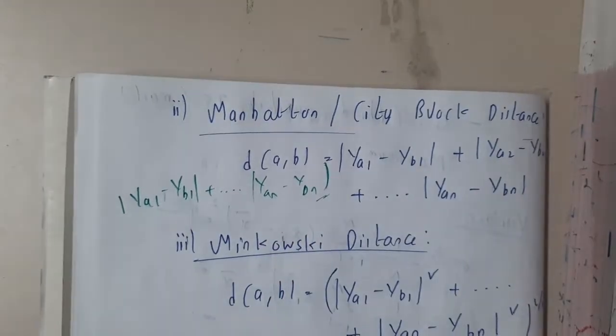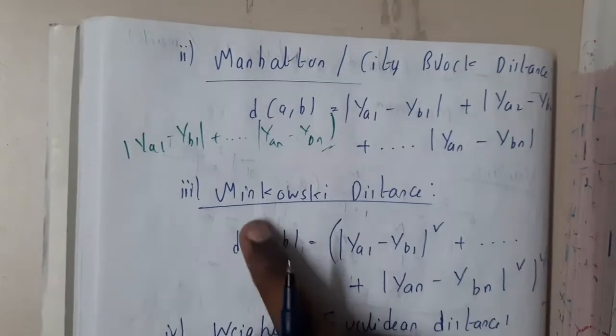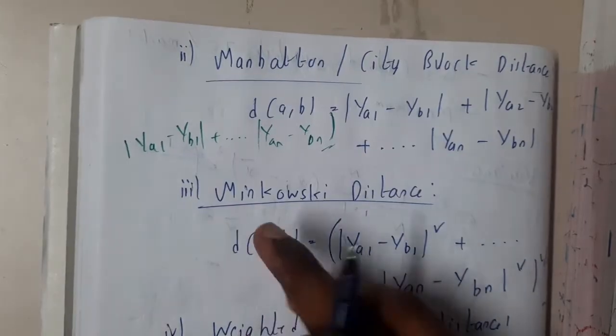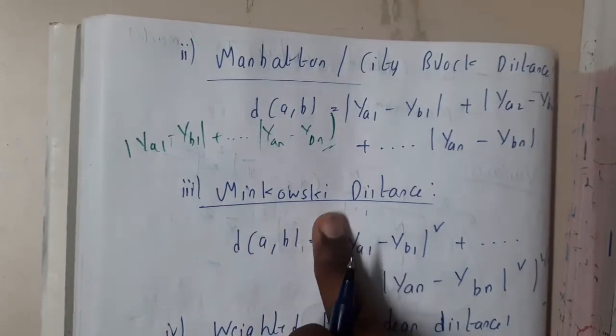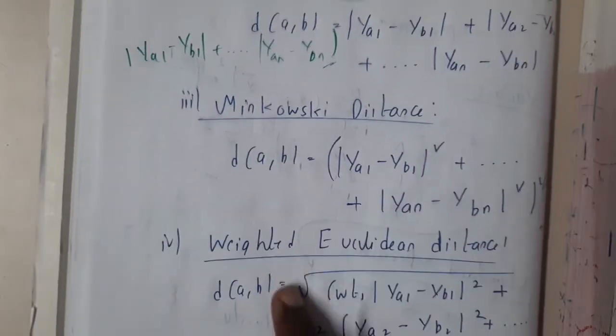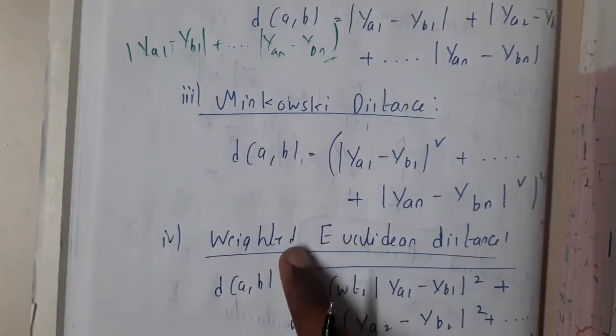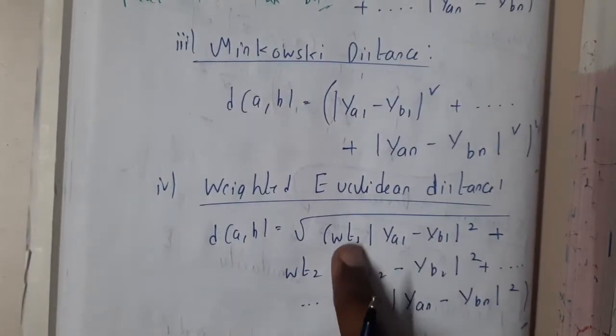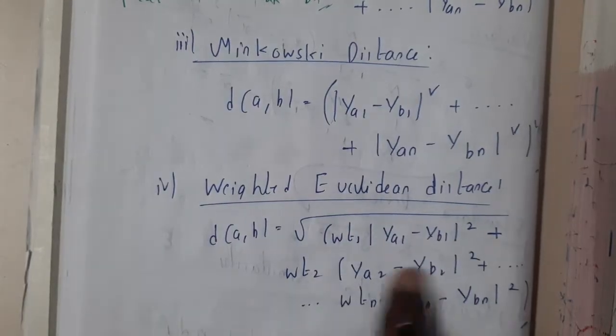Remember that it is mod. If you add a power to it, it converts into Minkowski distance, guys. Similarly, if weights are also given, weighted Euclidean is nothing but multiplying the weights with the particular values. That's it. I hope everyone got some basic idea.